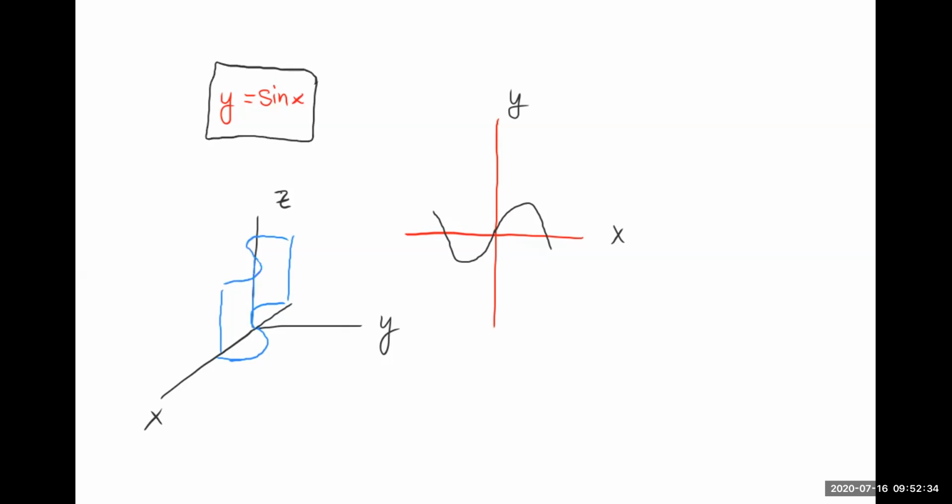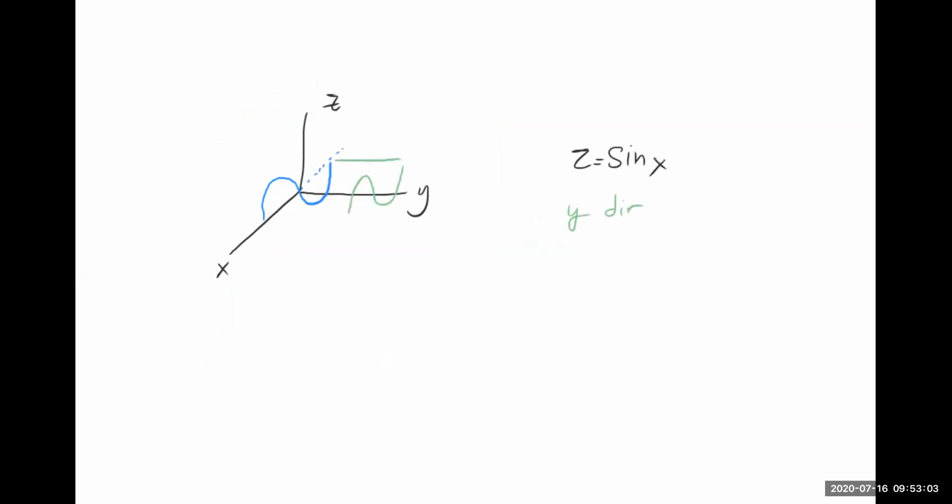We can do this in another direction too. So for example, if we look at the x, z plane, if we had z equals sine of x, it would have been something like this. And we could move it in the y direction. It would have become something like this.